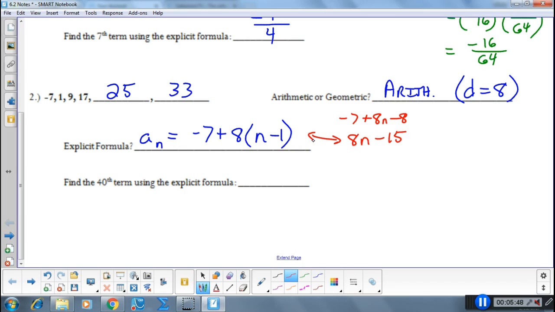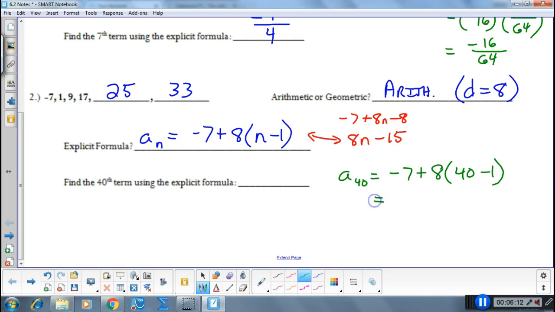Okay. Then it said find the 40th term. So a sub 40 is going to be negative 7 plus 8 times 40 minus 1.